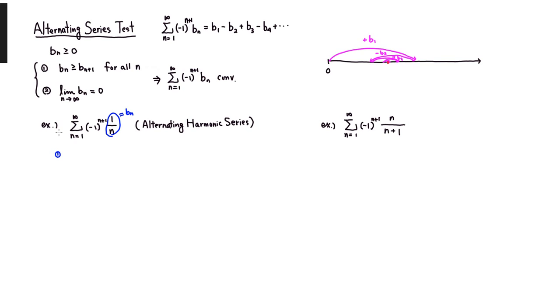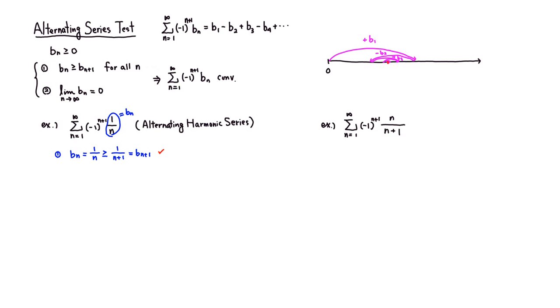So bn is equal to 1 over n, and if you compare that with 1 over n plus 1, of course the denominator is 1 larger, so the fraction is smaller. But this is exactly the same thing as bn plus 1. So you can see that this satisfies the first condition.